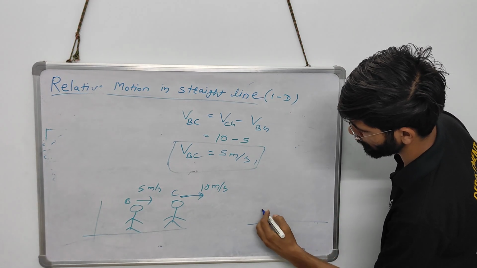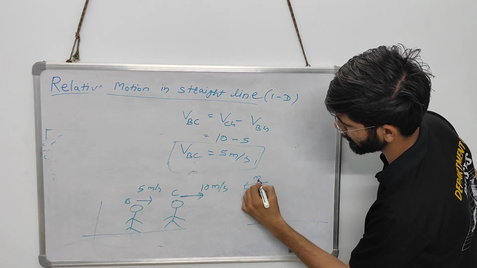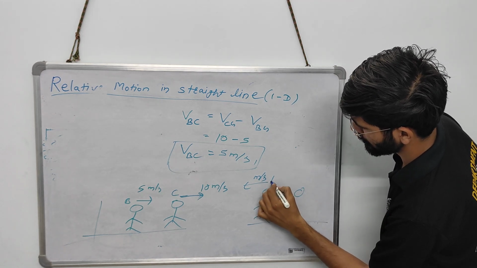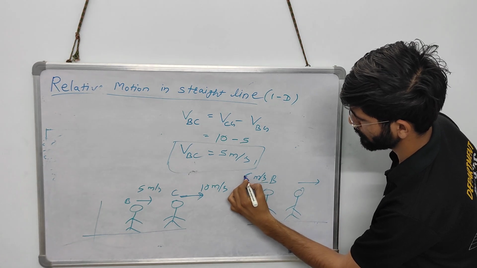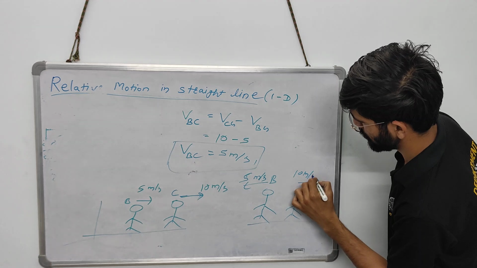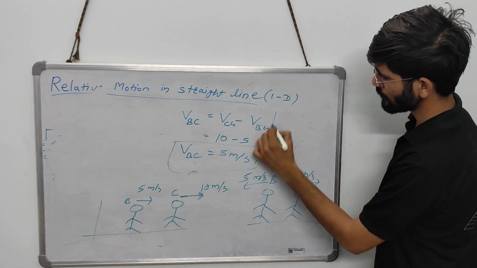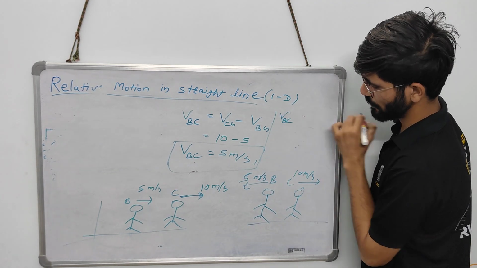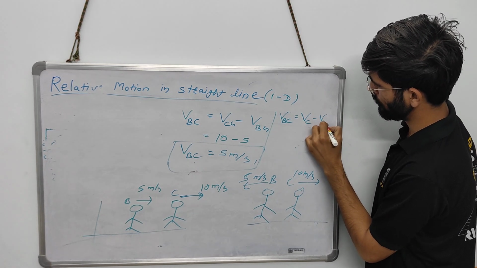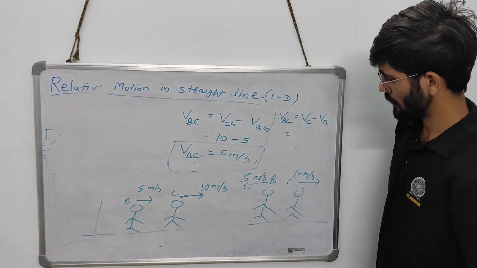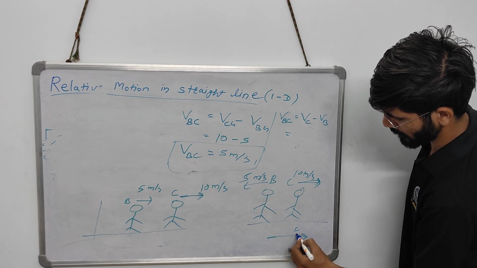Let's consider another problem. Let's say B is moving at 5 meter per second in the opposite direction, and this is C, which is moving at 10 meter per second. From here we can calculate the velocity of B with respect to C, which is the velocity of C minus velocity of B. But take care of one thing: the velocity of C is positive, because we consider this the positive direction.